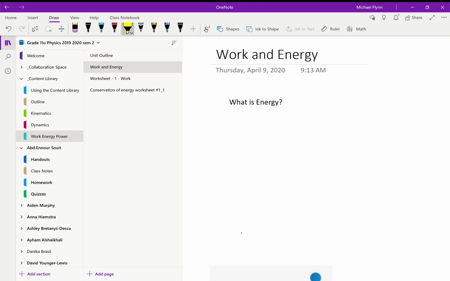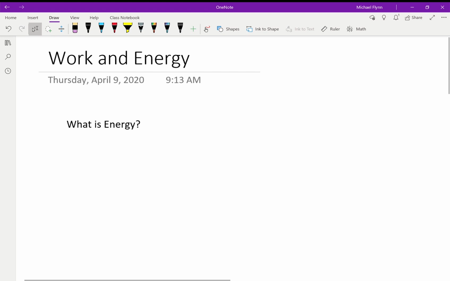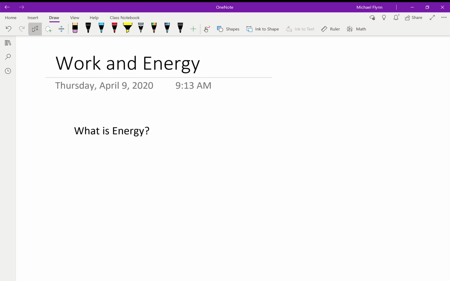What is the definition of work and energy? Well, let's deal with the one you probably know better first. What is energy? Well, this one's pretty easy to define. In physics, energy is the capacity for work.